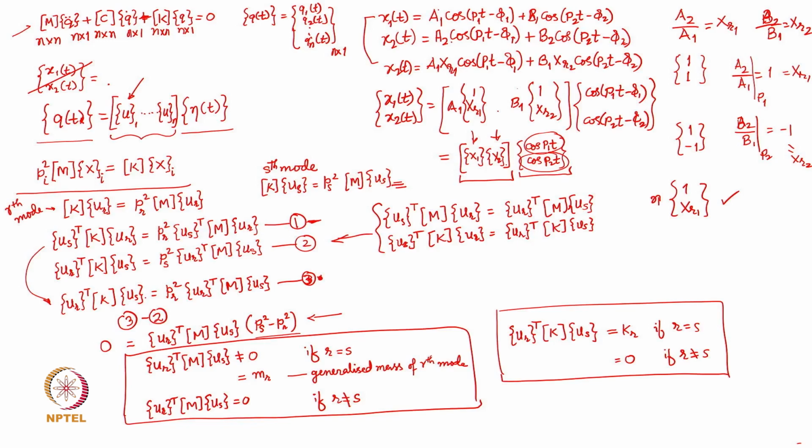They result in this interesting outcome where KR is called the generalized stiffness in the Rth mode, similar to MR, which is the generalized mass in the Rth mode.